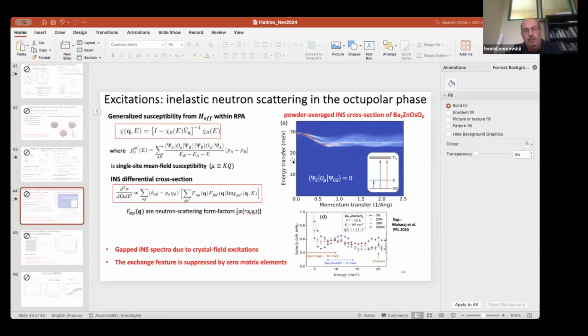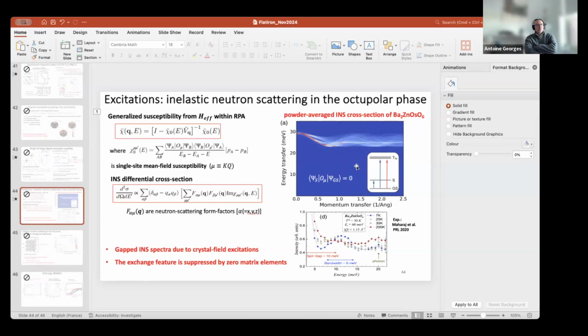But experimentally, as Bruce showed, one sees an additional peak appearing in the excitation spectra below the transition point. We tried to reproduce this based on the ferroctopolar phase, and we couldn't. The point is that this excitation exists, but it wouldn't be seen in elastic neutron scattering because of extinction of matrix elements relating the ground state and this, let's say, exchange feature.